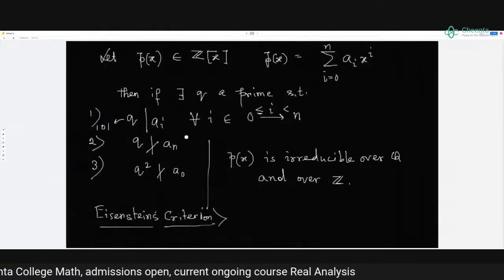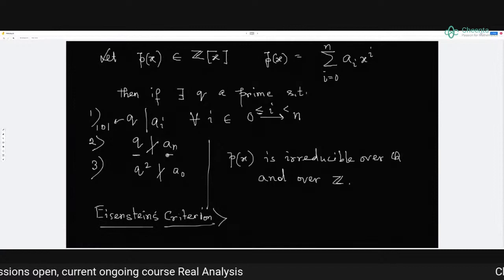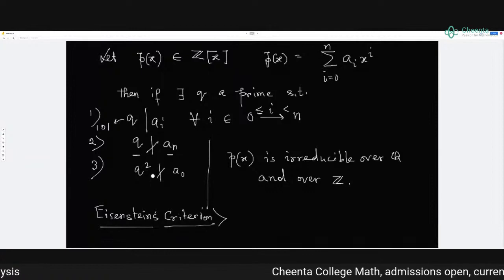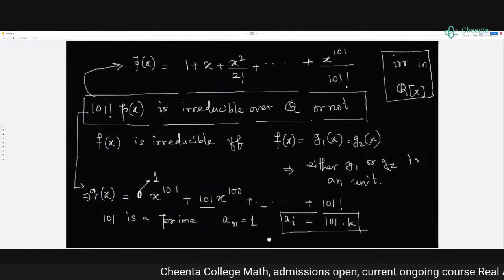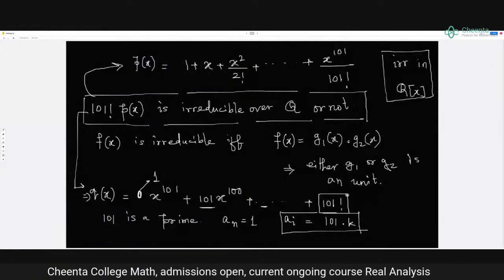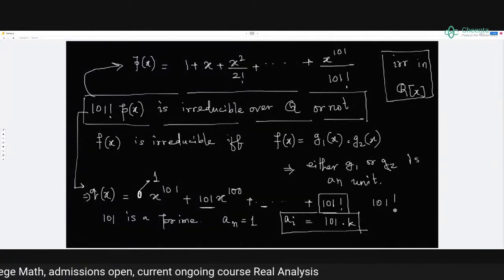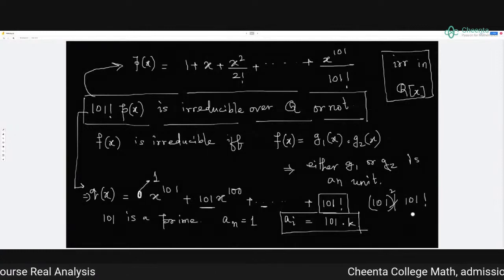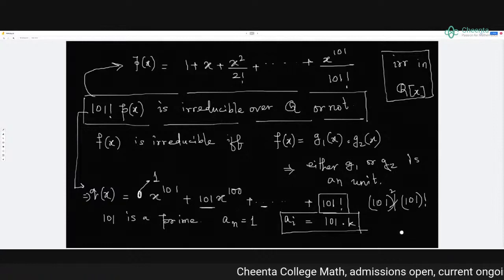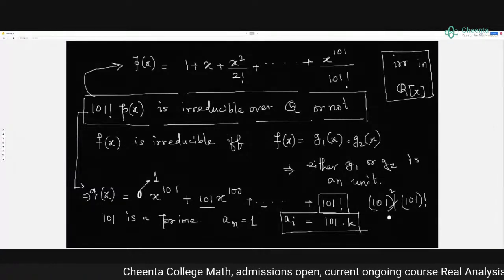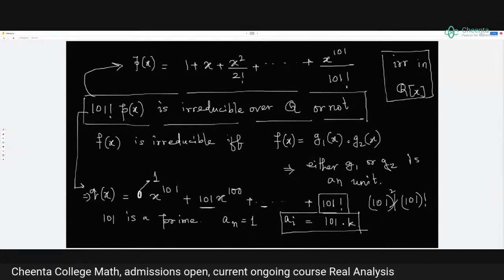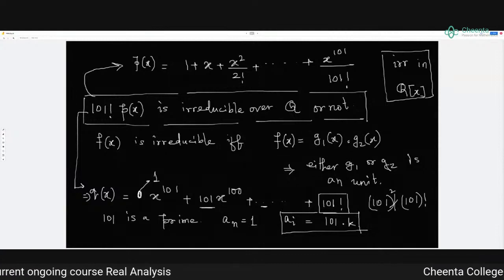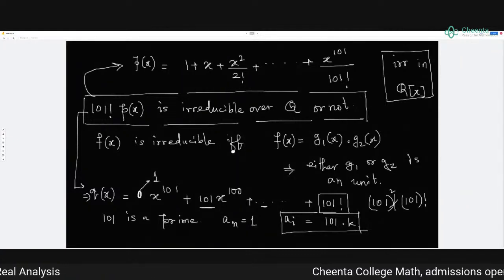That's the first property. Second, 101 does not divide 1, of course, so the second property is also satisfied. And 101 square does not divide a_0, that is 101 factorial, because 101 is a prime itself. So all these conditions are satisfied, and the question satisfies the Eisenstein's criterion.